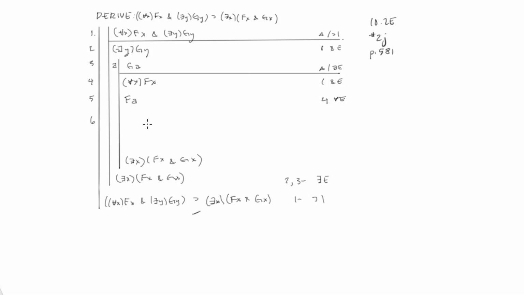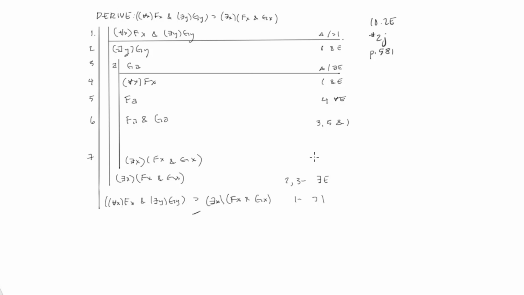What we're going to do on line 6 then, hopefully you'll have anticipated this, is we're going to conjoin lines 3 and 5. So we've got FA on line 5, got GA on line 3. So 3 and 5 conjunction introduction give us FA ampersand GA. Then we're pretty much right there.